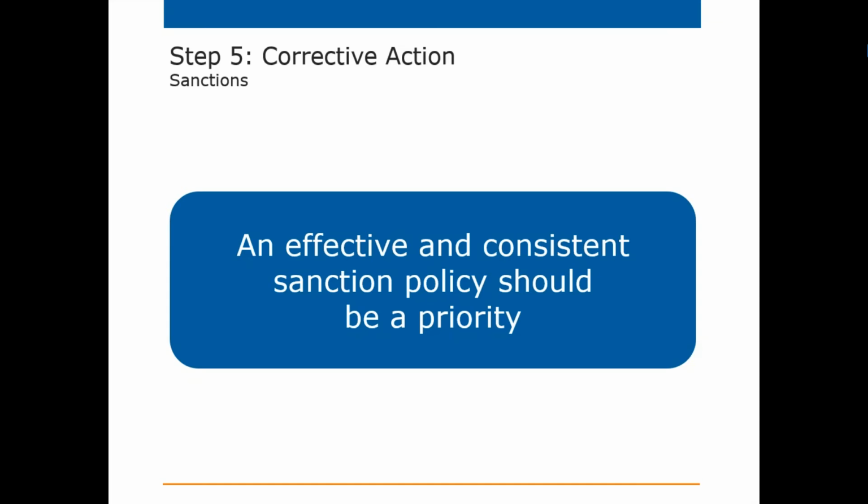Now, what effective means is that if we don't have appropriate sanctions, if it's just verbal counseling every time, maybe the message isn't getting through and we need harsher or stronger sanctions. If sanctions are too harsh, it could be resulting in losing experienced and dedicated staff. So we need to actually ease back and not terminate for every infraction.